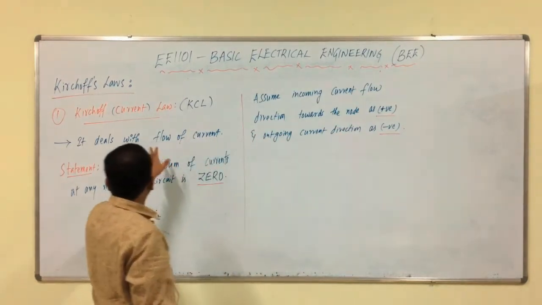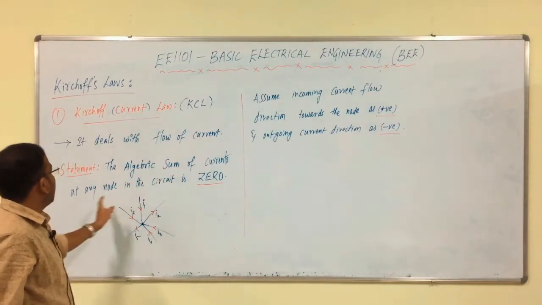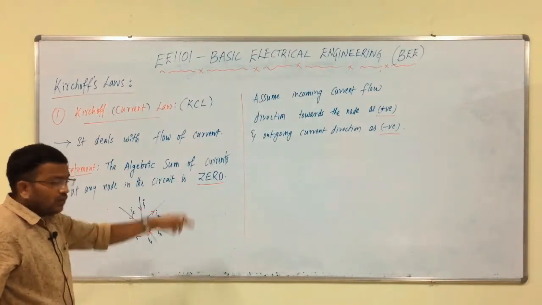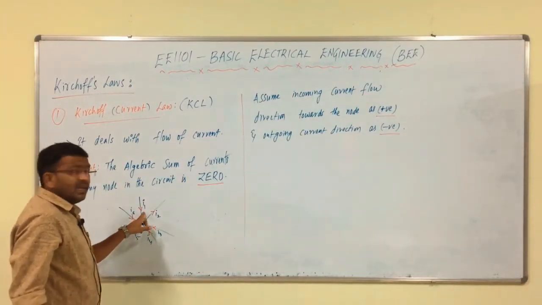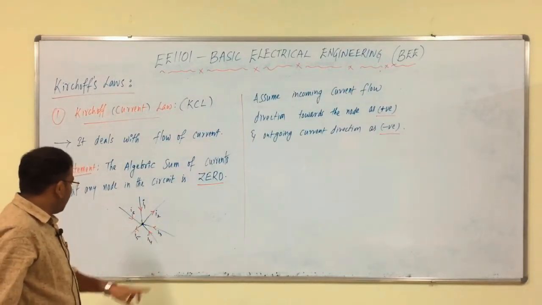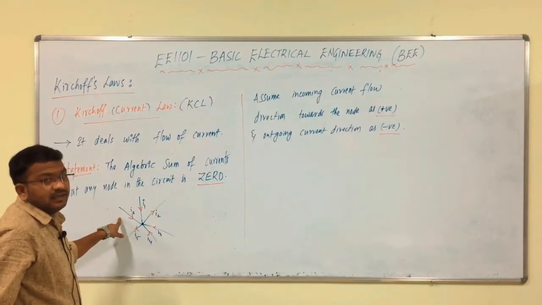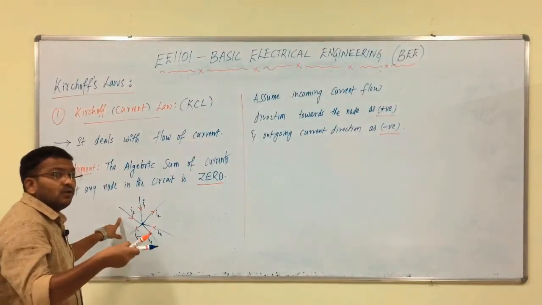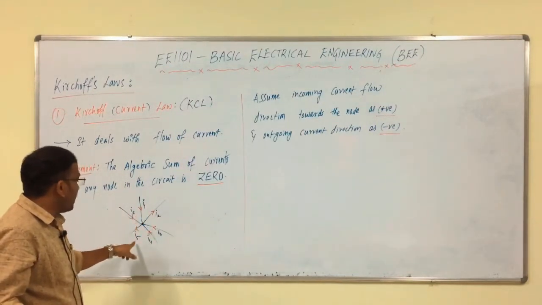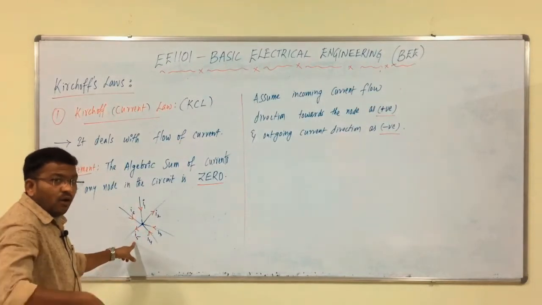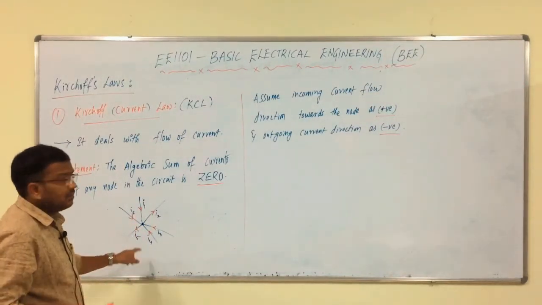So, from this what is the statement? The algebraic sum of currents at any node in the circuit is 0. What are the incoming currents here? I1, I3, I4 and I6 are the incoming currents towards the node, and I2 and I5 are the outgoing currents.